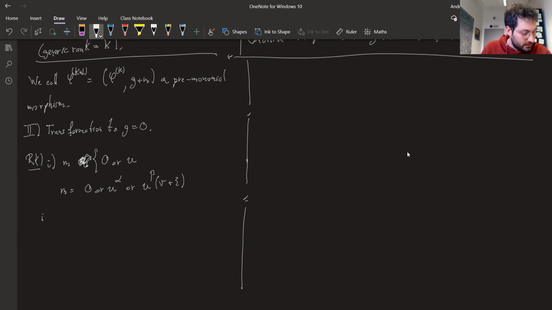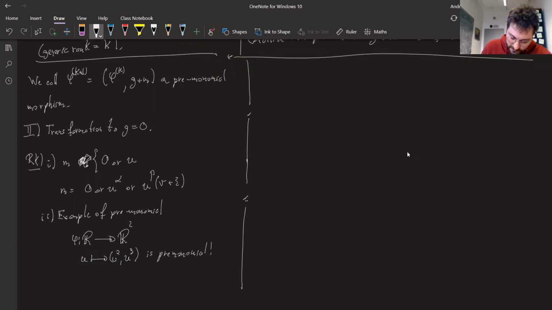The second thing that I wanted to say is an example of premonomial. And the cusp is a good example. So if we just take phi from R to R2, u goes to u square, u third, that is premonomial.